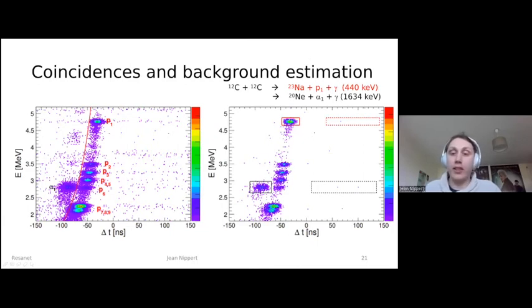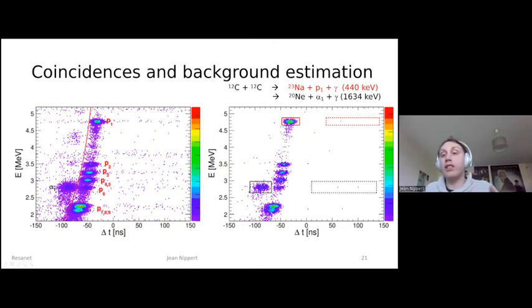So you can see that a lot has been cleaned, and you have two boxes. The black box is for alpha 1, and the red box is for proton 1, for P1. So here you can see the signals we want to measure. We select these signals, but you also have the dashed box. The dashed box is here to understand the background.